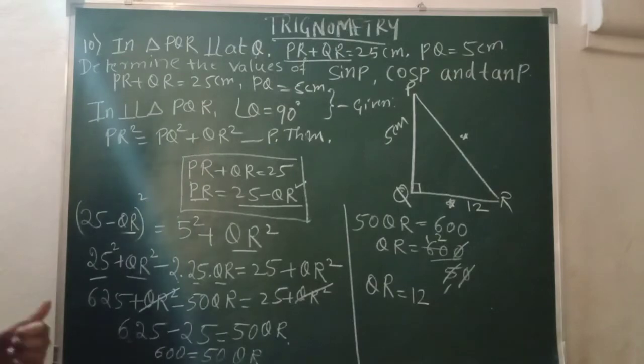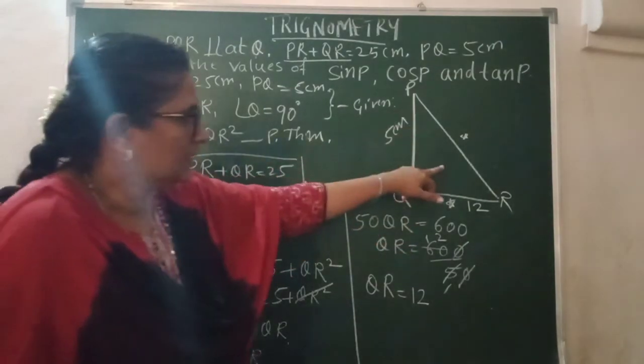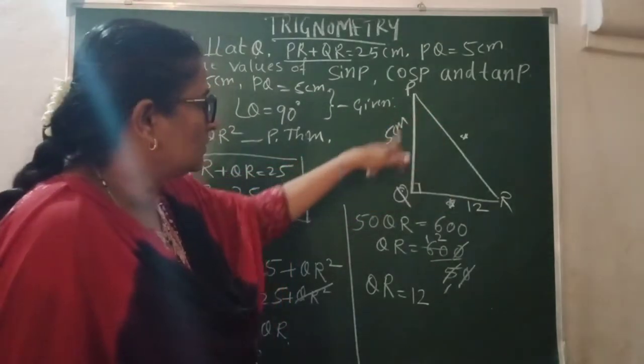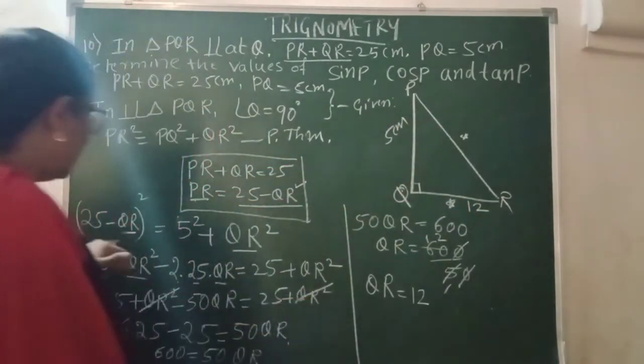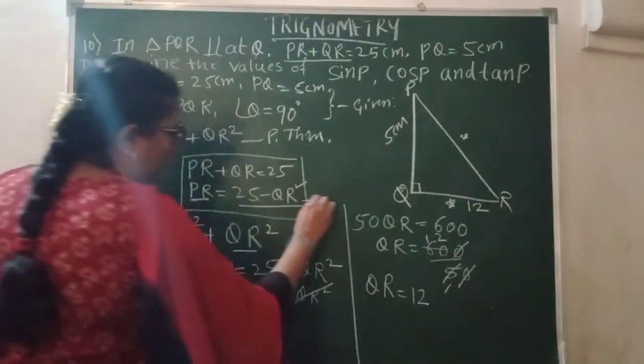Now listen, you have got this one and this one. You can find the remaining side very easily. Don't apply the Pythagoras theorem once again. Already you have PR is equal to 25 minus QR. You can call it as 1.